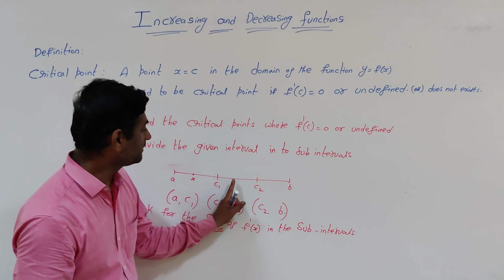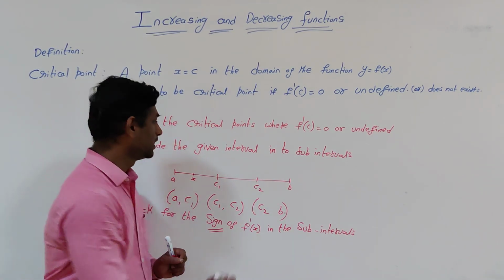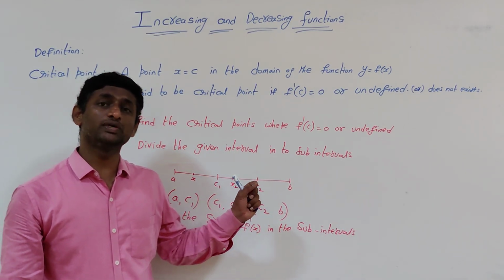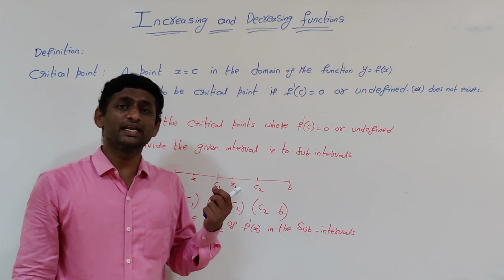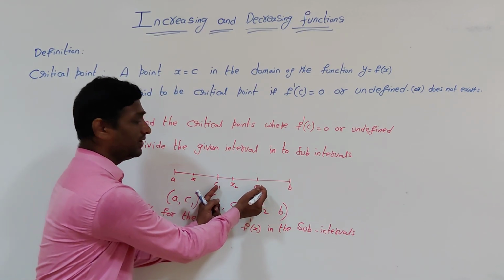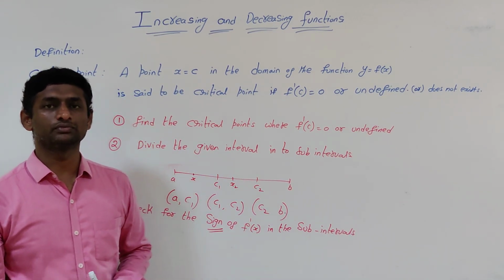And suppose in between c1 and c2 you choose any point, assume that this is x2. If f dash of x2 is less than 0, meaning you get a negative sign, then the function is said to be strictly decreasing in between c1 and c2.